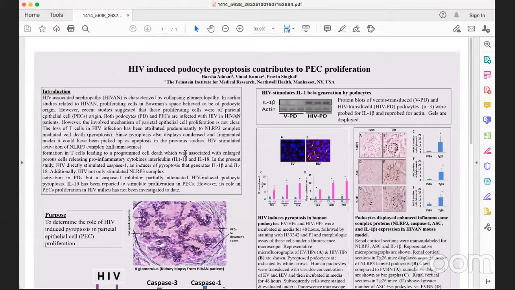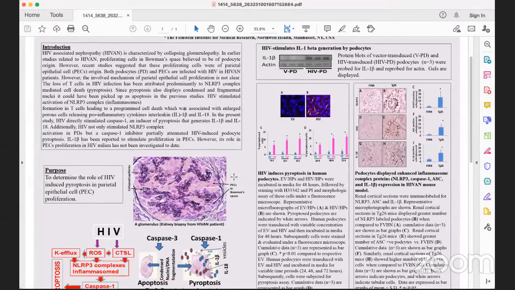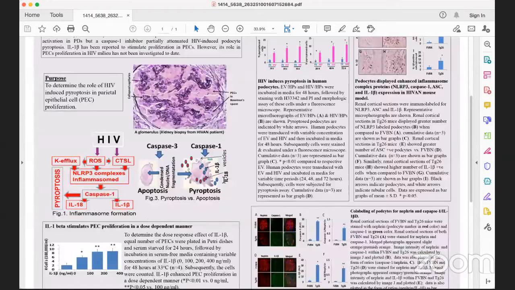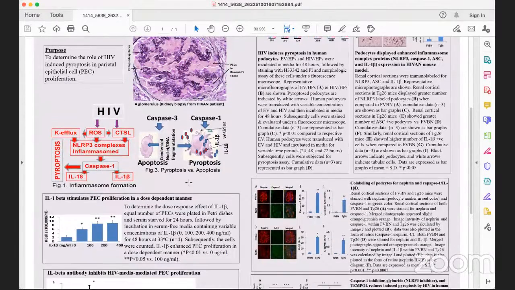So we are trying to do a pyroptosis study here, showing that the outcomes of pyroptosis, which are interleukin-1 beta and interleukin-18, cause the swelling of the cell, releasing these cytokine molecules which disrupt the outside kidney structure. So our role is to determine that.